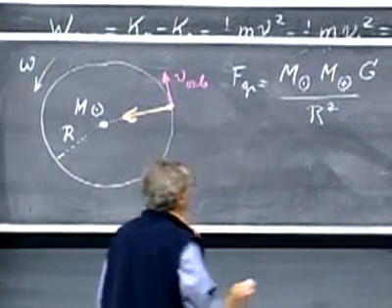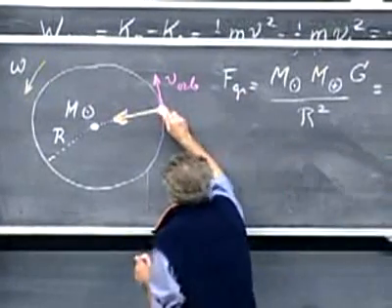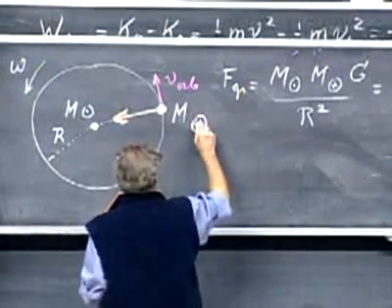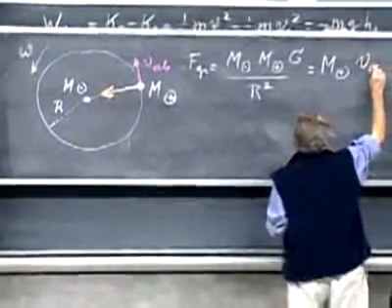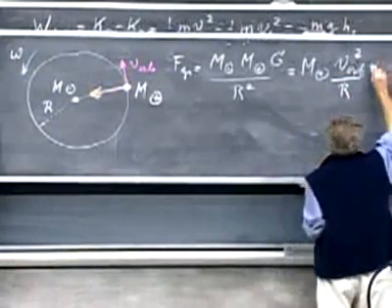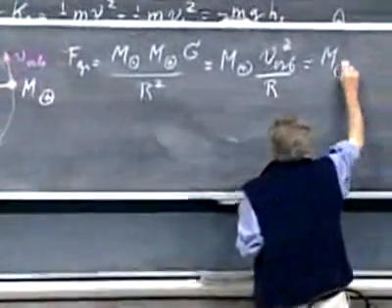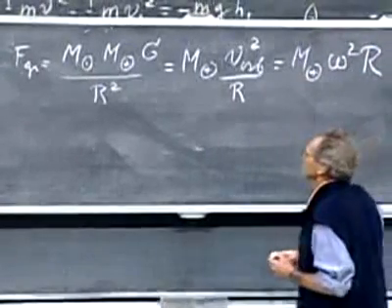But it also must equal the centripetal force, which is the mass of the Earth times the orbital speed, v squared, divided by the orbital radius, and if you prefer to write that in terms of omega squared r, that's fine too.